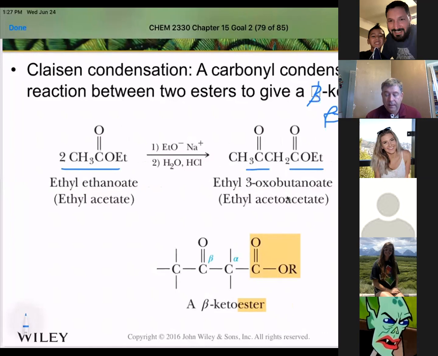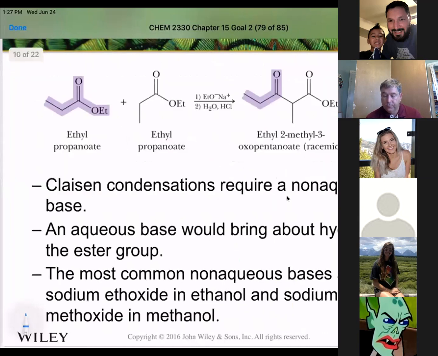Okay, now let's figure out how this reaction works. Notice these are exactly the same compound, just drawn differently, right? We have ethyl propionate here. We're going to remove a proton from here.